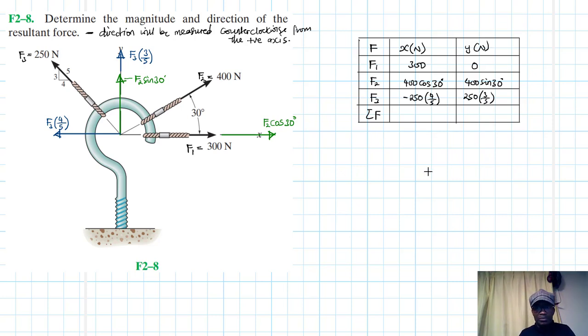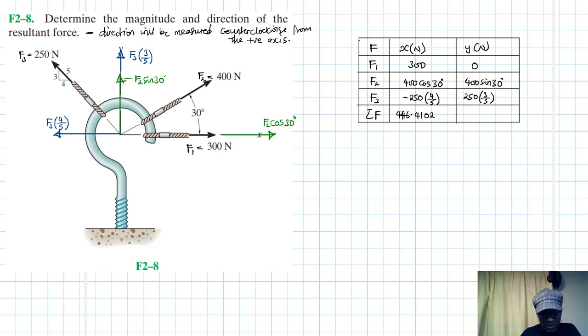Summation, let's sum them up. So we're adding all these components so that we have the summation down there. So we have 300 plus 400 cos 30 minus 250 times 4 divided by 5. I'll maintain 4 decimal places just to maintain my accuracy. 300 plus 400 cos 30 minus 250 by 4 divided by 5 gives 446.4102.